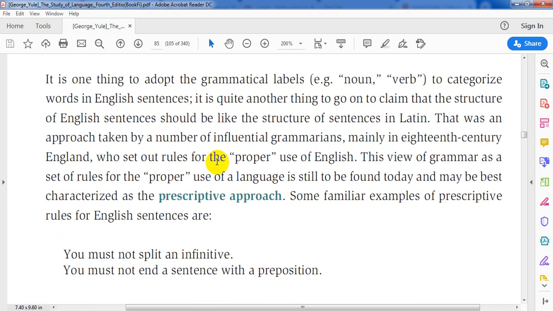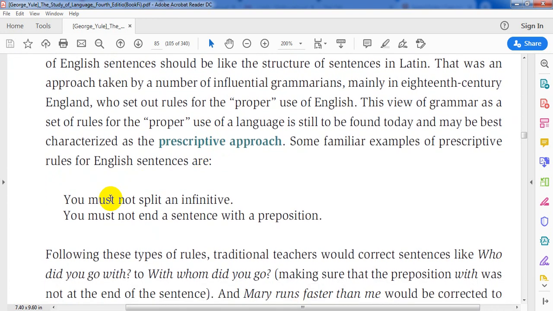And we have some examples. We can see some of those rules in some grammar books. You must not split an infinitive, or you must not end a sentence with a preposition.